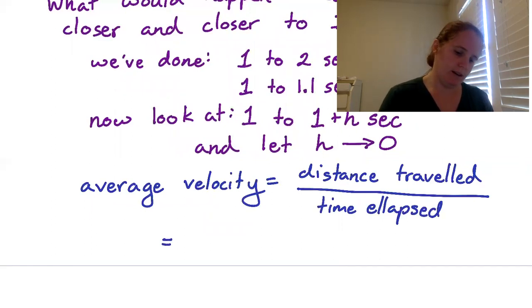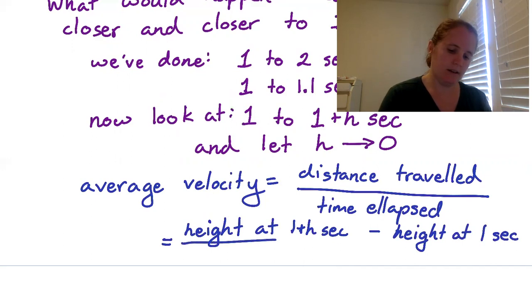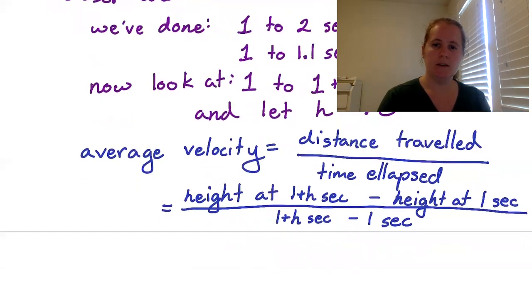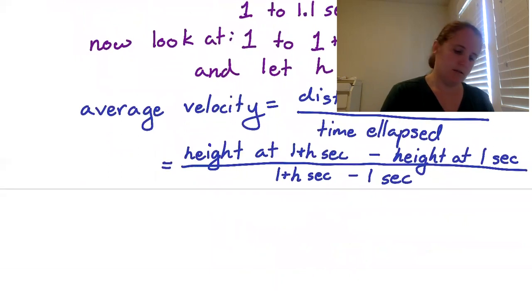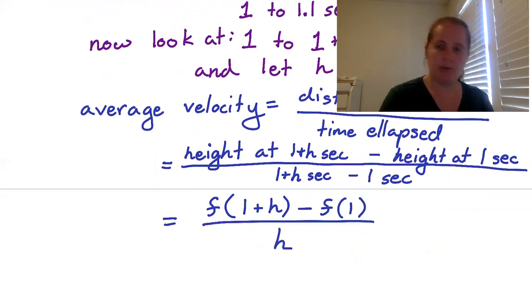So we're going to have the height at 1 plus h seconds, and then subtract off the height at 1 second. And then divide by 1 plus h seconds minus 1 second. So we have f of 1 plus h. We subtract off f of 1. And we divide by h.